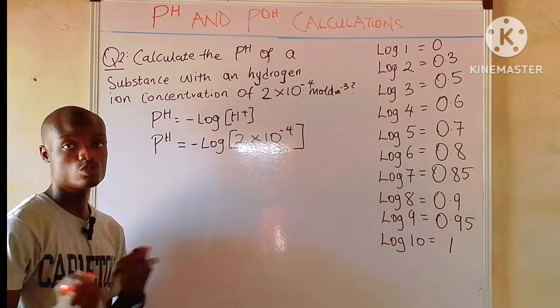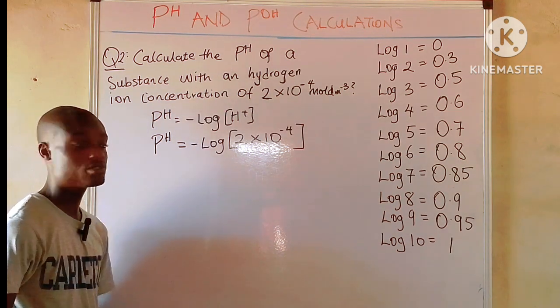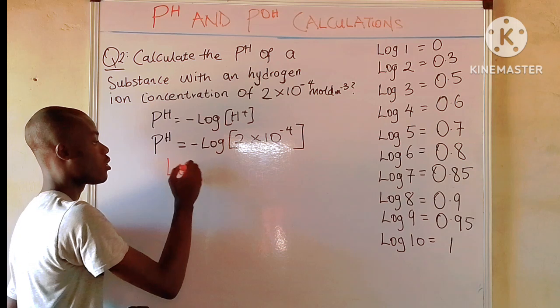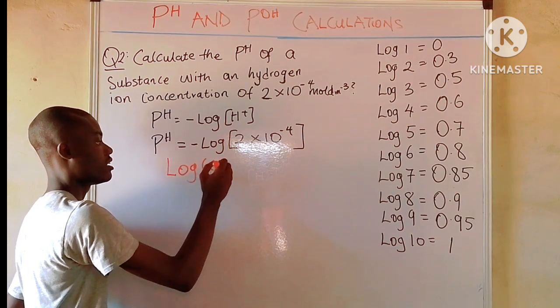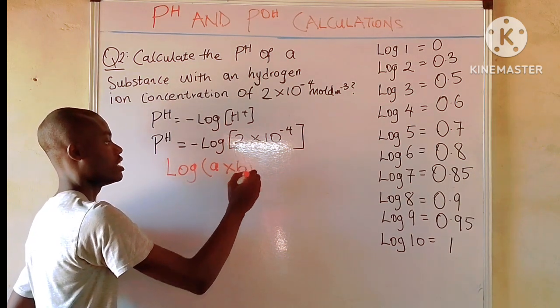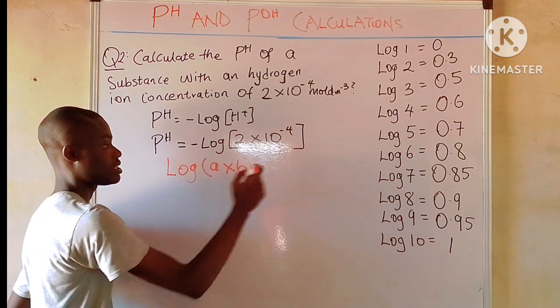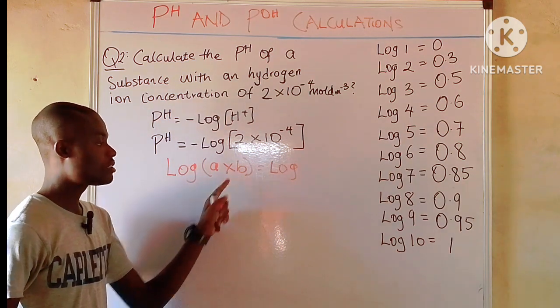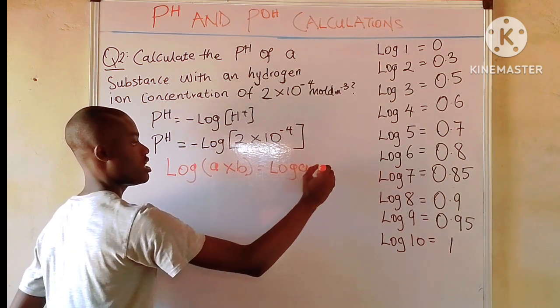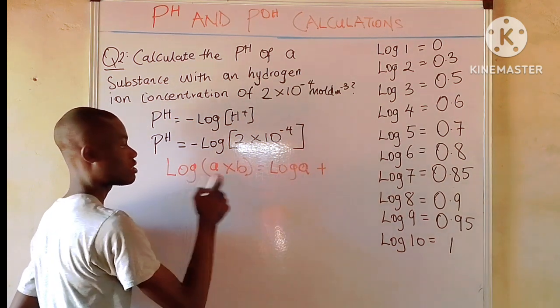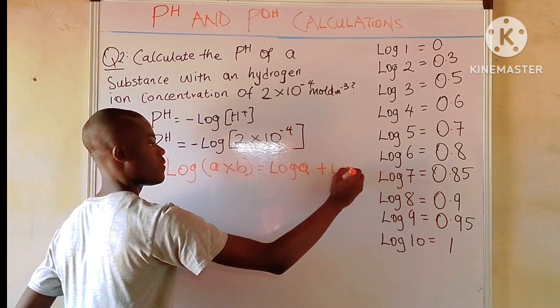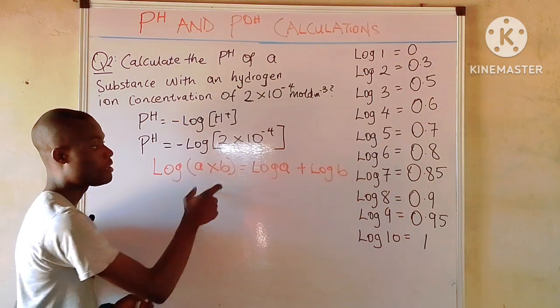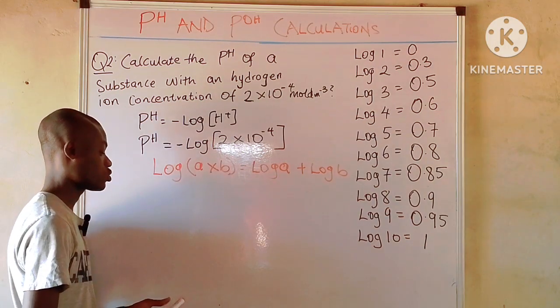We are going to go back to logarithm, and there is a particular law that says that log A times B is equal to log A plus log B. In logarithm, multiplication becomes addition. Log times A will give us log A, and log times B will give us log B. We are simply going to apply this law in solving this question.